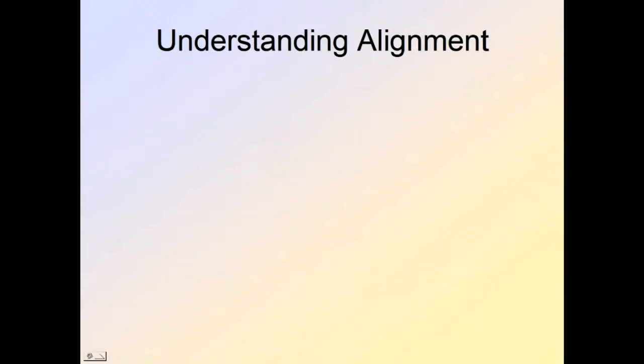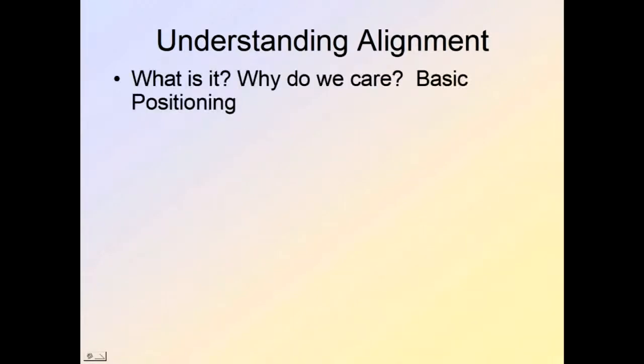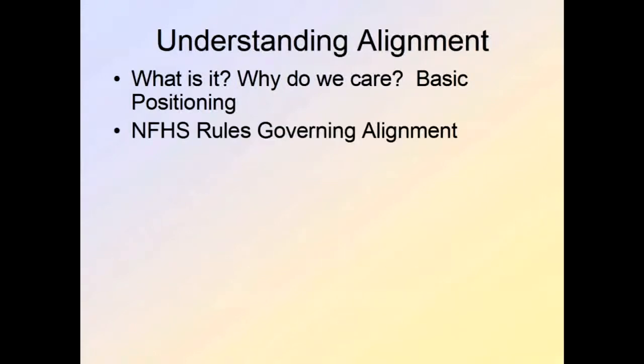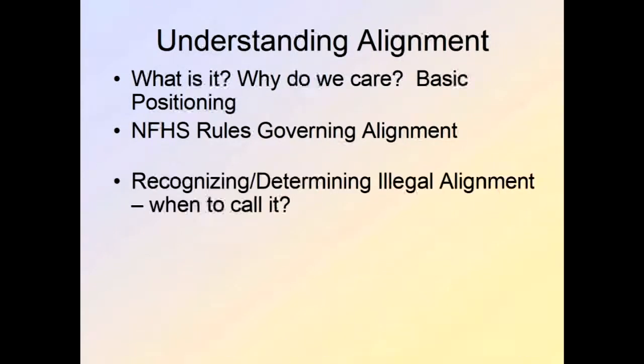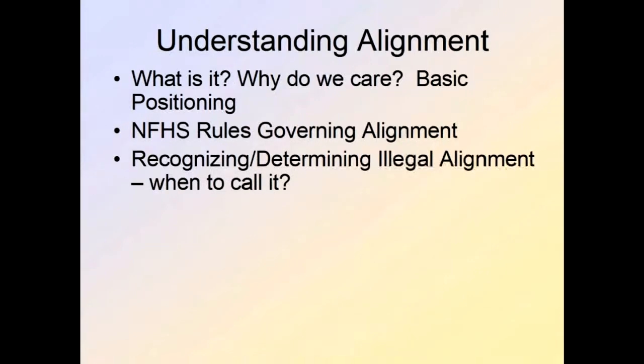In my presentation, we will discuss what is an illegal alignment, why do we care about illegal alignments, what are some basic positionings, what does the NFHS rulebook have to say about illegal alignments? How do we recognize and determine them?